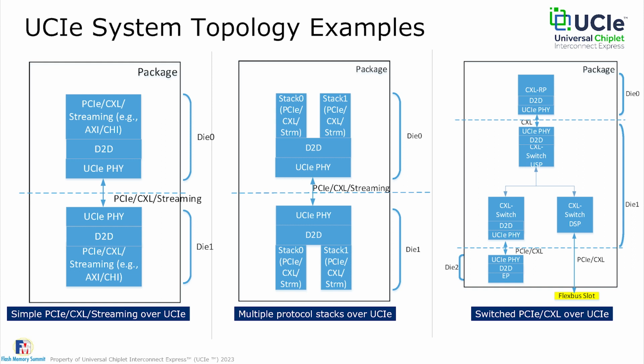And what does it take? Swadesh already talked about this: it's a single link, there's a die-to-die adapter, there's a UCIe PHY. Even if you're running the proprietary protocol, the request from the consortium is to try and use the same set of registers, or at least model them after the DVSEC, which are being defined.